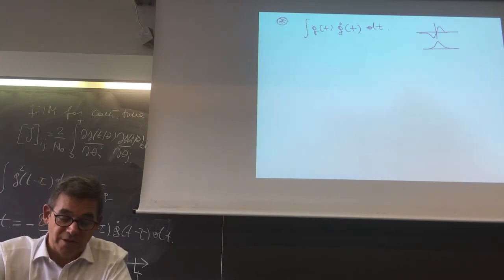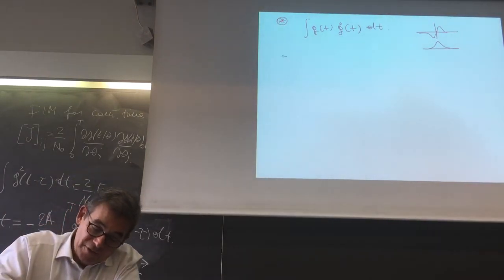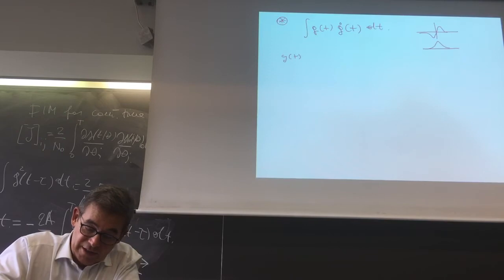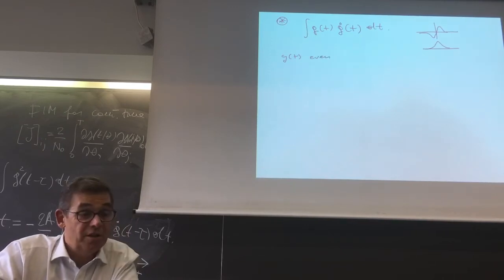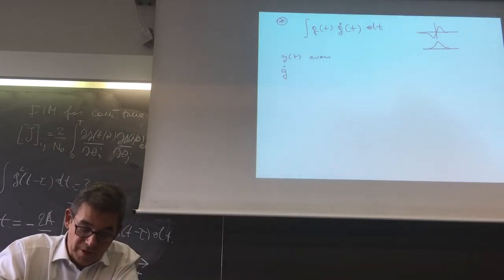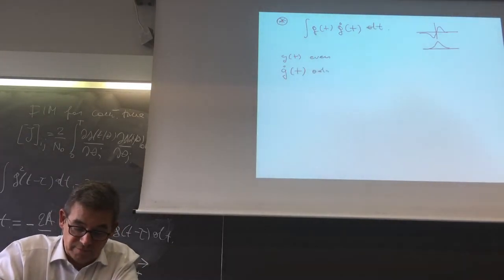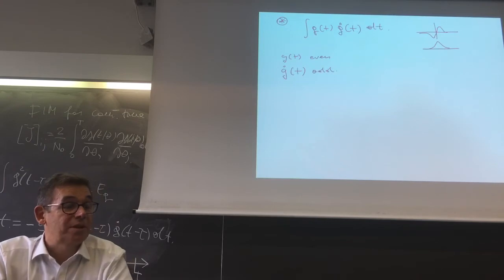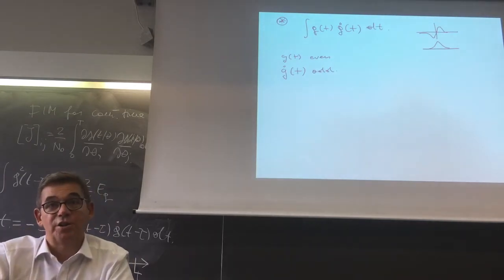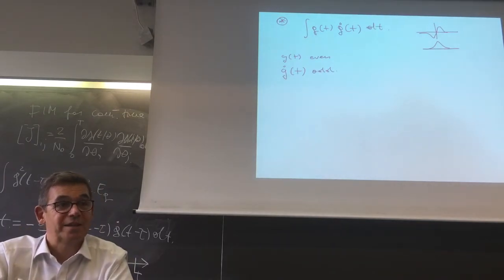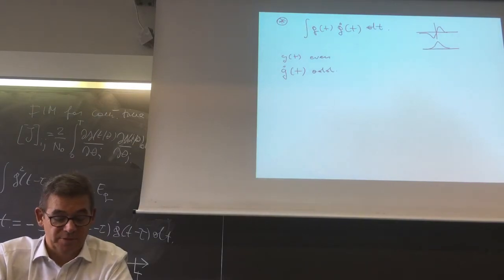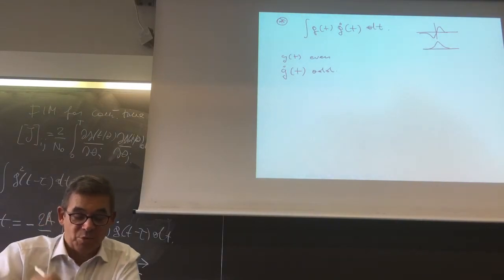So let's see. If g(t) is an even function, g prime(t) is odd. And then I compute the integral between an even function and an odd function, and that is equal to 0. Now, this is more general.